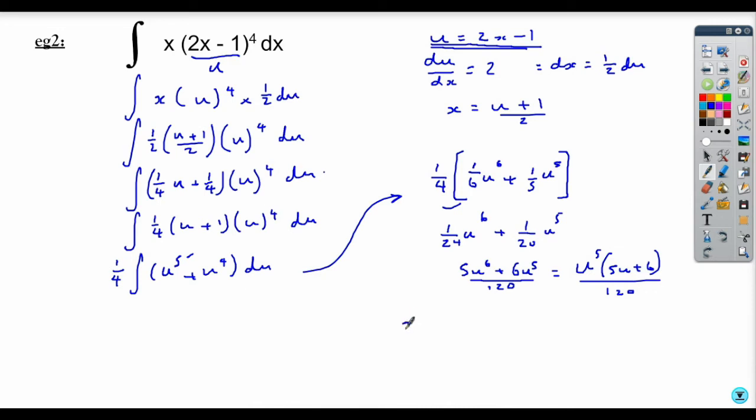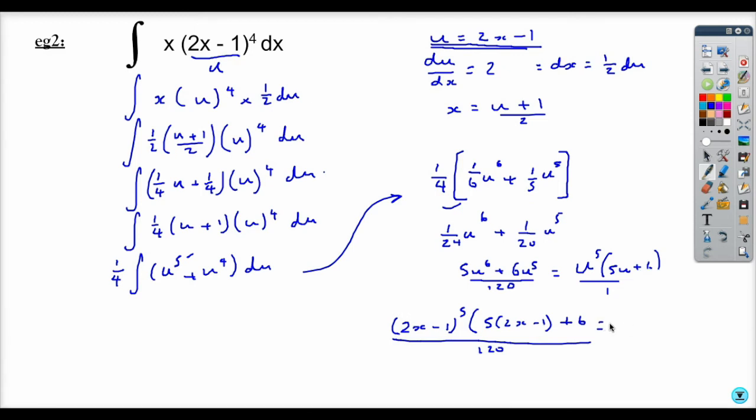So I'm starting off here, I've got 2x minus 1 to the power of 5, and then 5 times 2x minus 1 plus 6 over 120, which then simplifies to give me 2x minus 1 to the 5, and then this is 10x minus 5 plus, it is plus 1, all over 120.